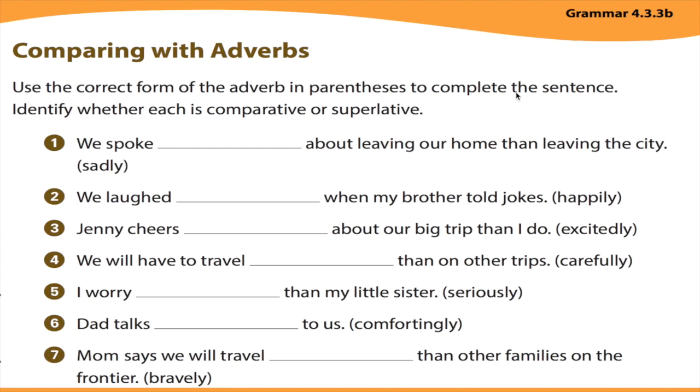Or am I comparing more than 2 things and it'd be most sadly? Well, let's say it out loud. We spoke more sadly about leaving our home than leaving the city. Oh, there's my 2 things. Leaving our home, leaving the city. So if it's 2 things, it's a comparative. So it'd be more sadly. Good job.